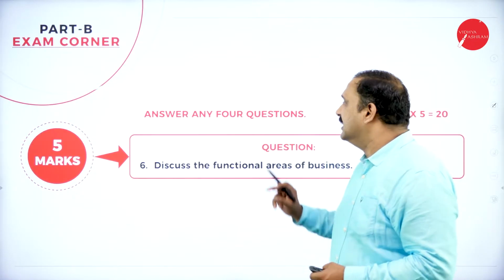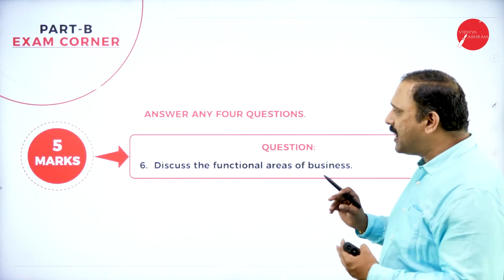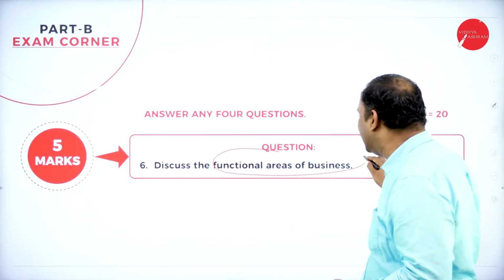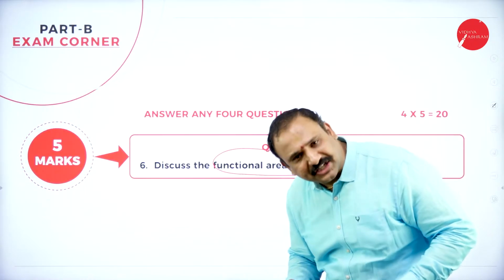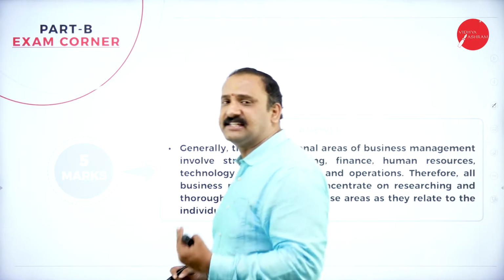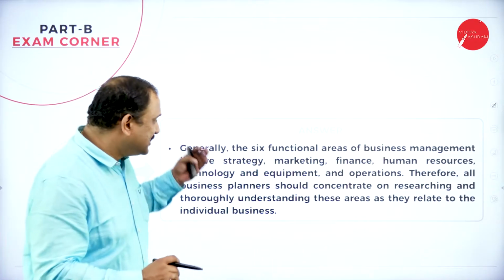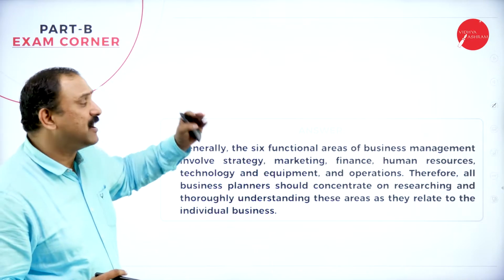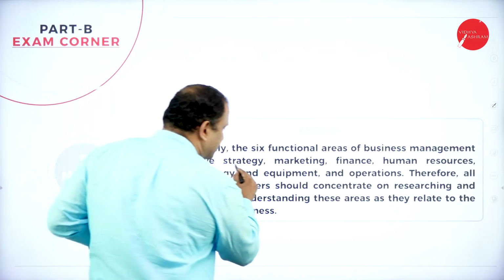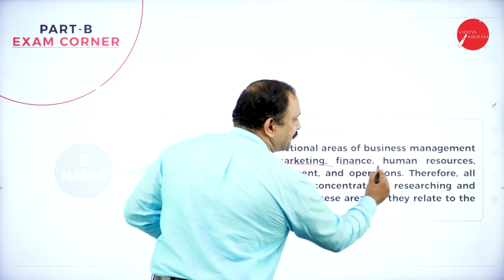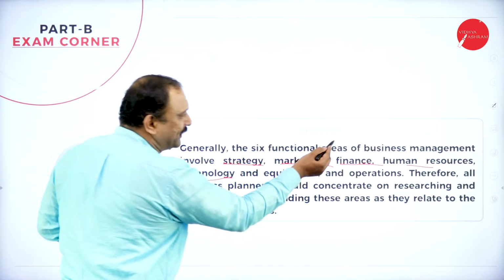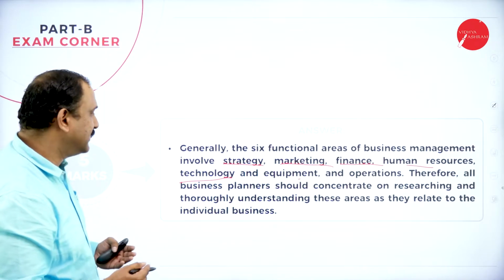Now moving further, coming to part B, the 5 markers, the first one is: discuss the functional areas of business. It's a very, very generic question. Anybody can answer. So let me start the answer itself by using the word generally. The 6 functional areas of business management involve strategy, marketing, finance, human resources, technology and equipment, and operations.